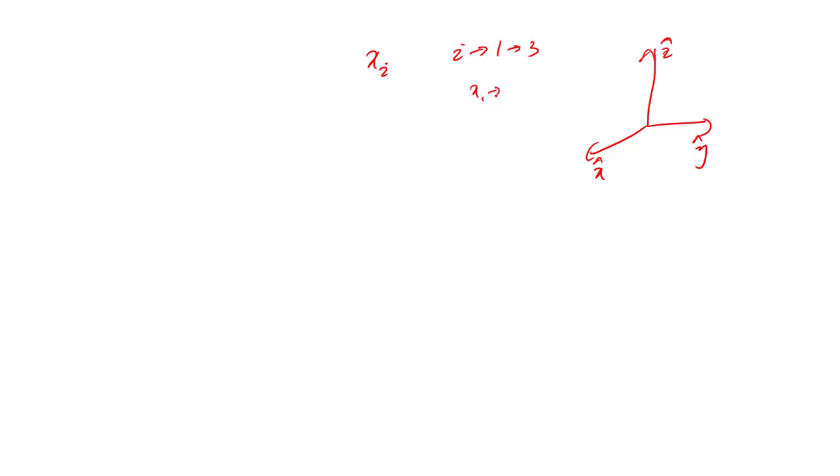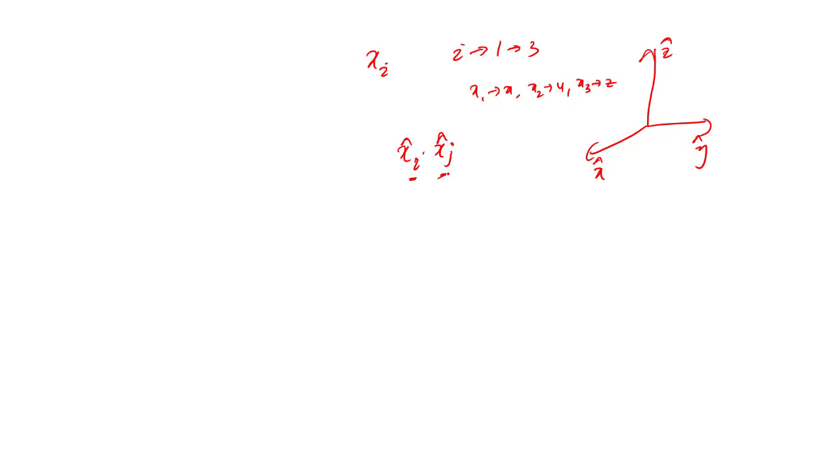So x1 would be x, x2 would be y, x3 would be z, and so forth, right? And whenever we have two different things, for example, if I want to multiply two different vectors, I would in general write xi dot xj, because these two i and j need not be equal.